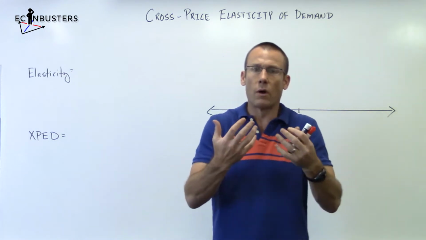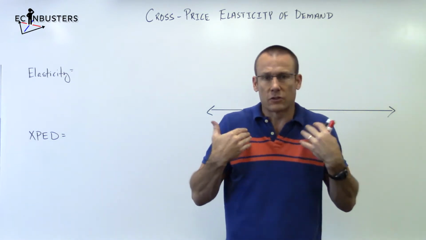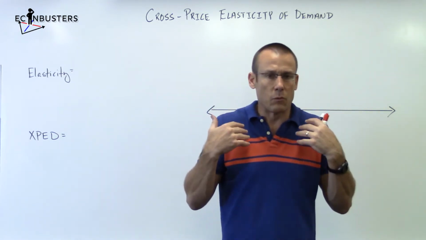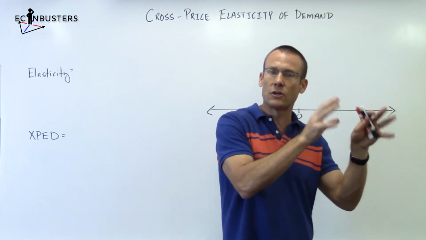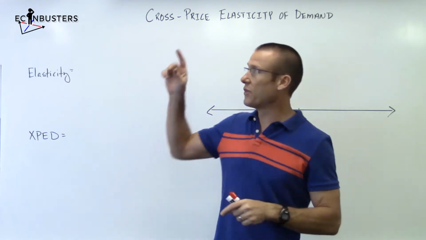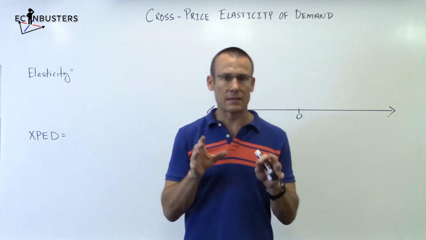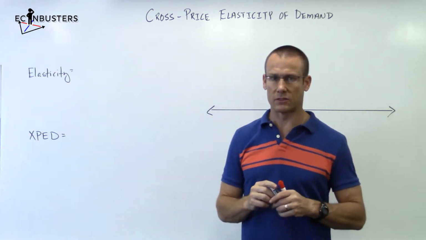One of them, the one that almost all textbooks and professors, including here at Econ Busters, start talking about, is price elasticity of demand. But that's just one type of elasticity. This is another elasticity measurement, okay? Cross-price elasticity of demand.